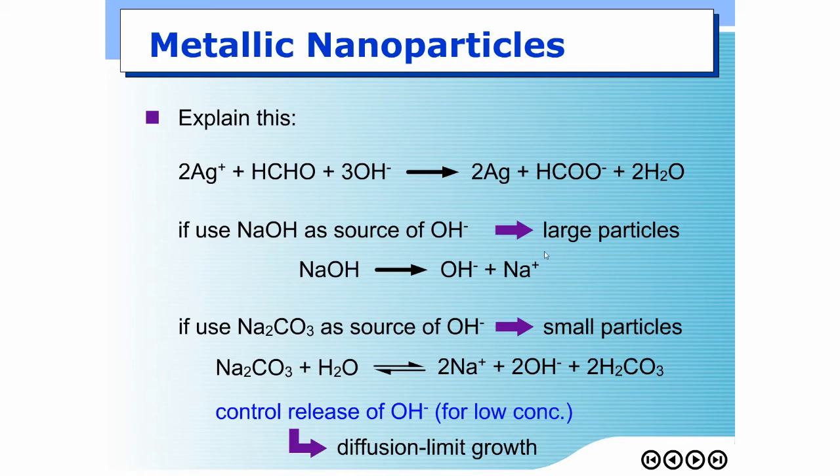So even though with a strong base you may end up with small nuclei, you cannot control the growth at all. So you can get dramatic growth and eventually end up with large particles. So this example shows you that the growth step is more important.